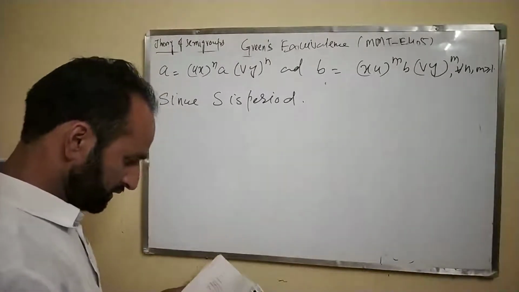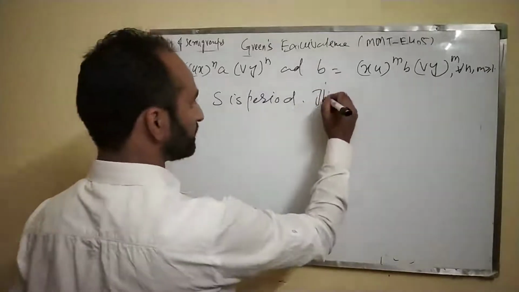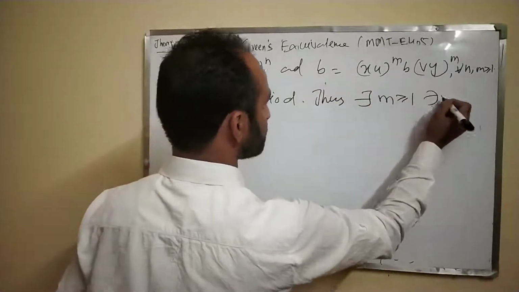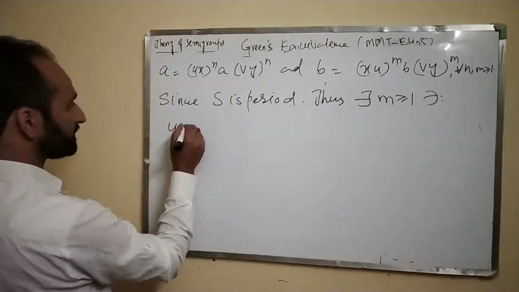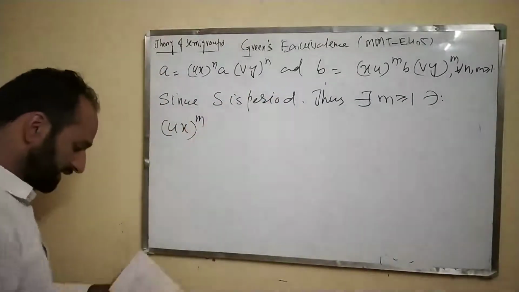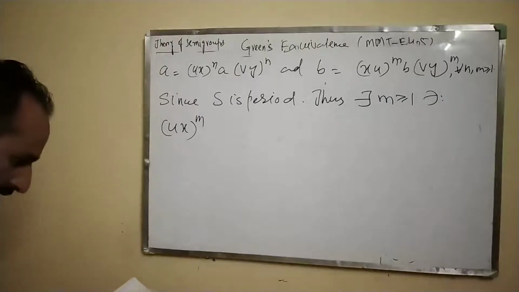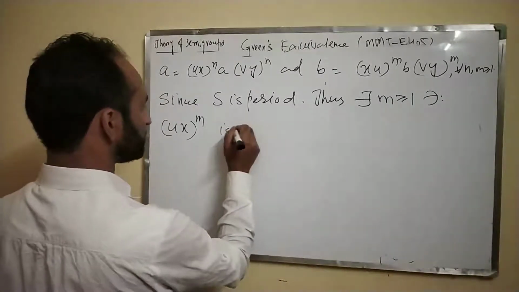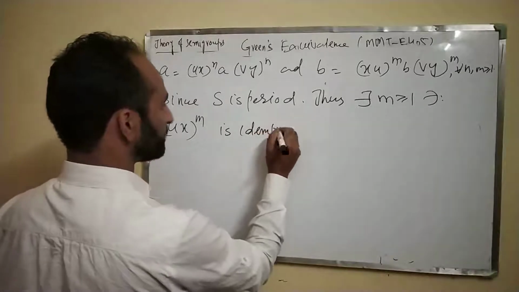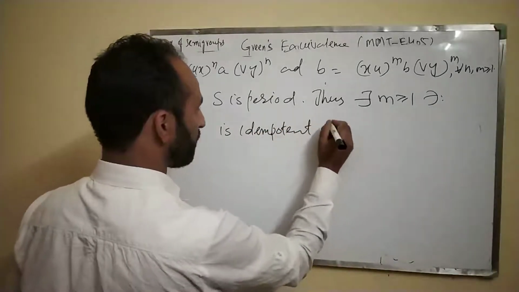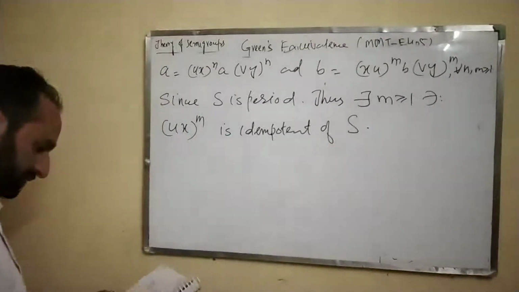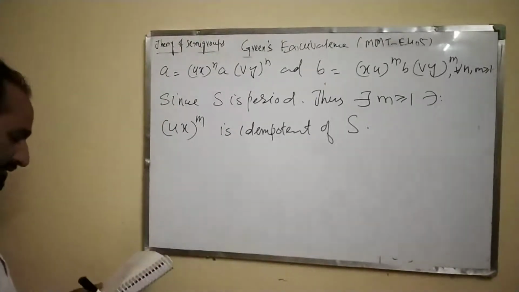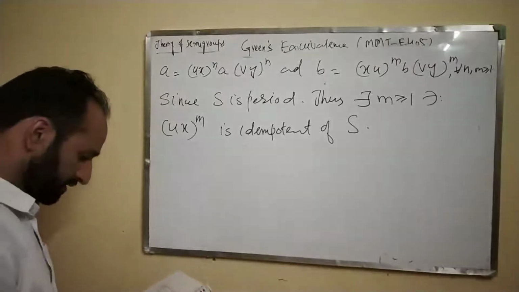So there exists some m greater or equal to 1 such that UX power m is an idempotent of S. So there is some power of UX which is idempotent.